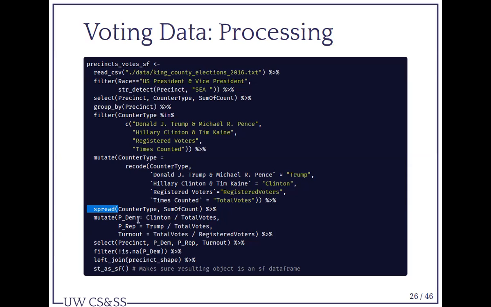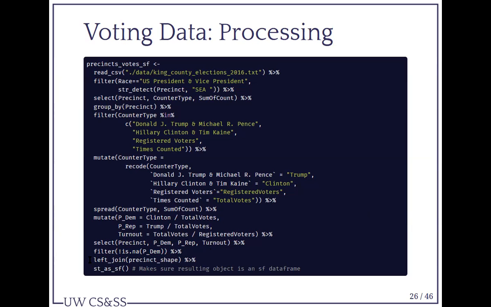And then I mutated to make the percent votes for Dems and the percent votes for Republicans based on our Clinton and Trump recode that we had in the counter type column, and calculated a turnout just there. Filtered out is.na percent Dem, which are, I think, two precincts that had some, I hazard to say, irregularities in their voting, but that's kind of what it was.